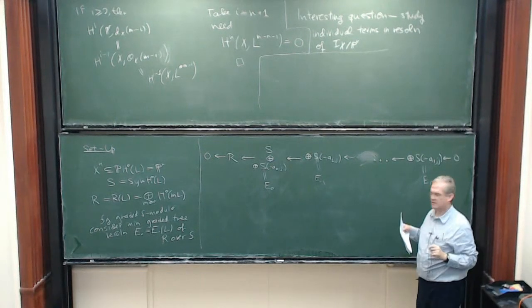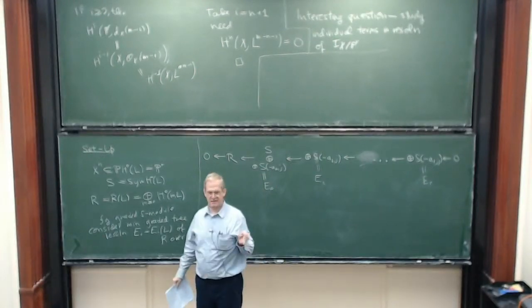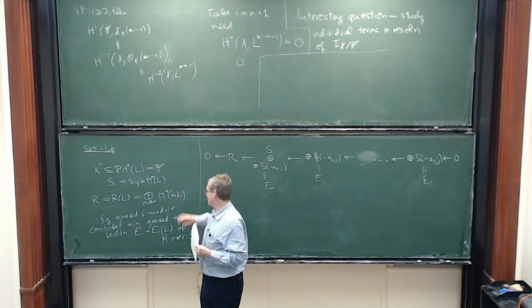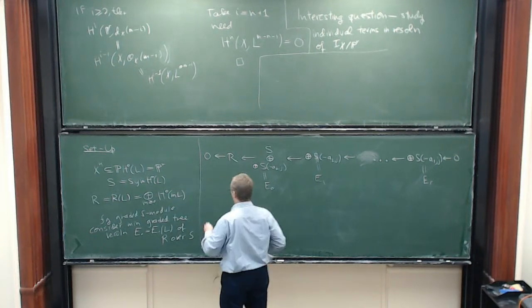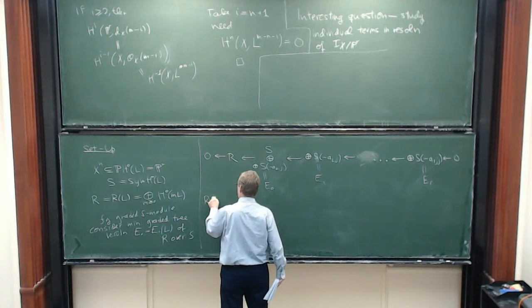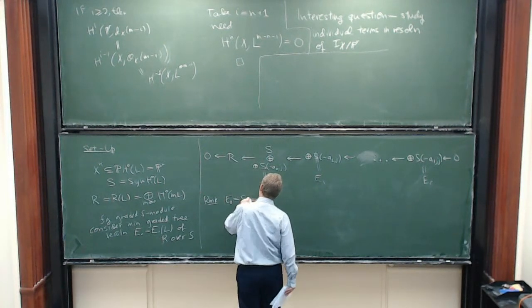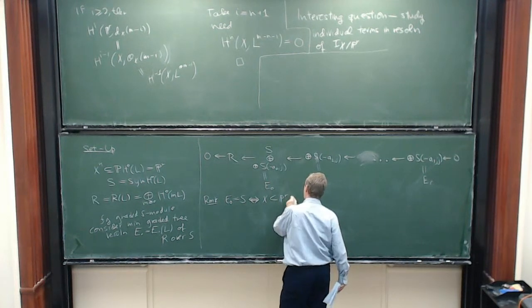Why is E0 not just S? Let me make a remark. E0 is S if and only if the embedding is projectively normal. I'm not assuming that L is terribly positive now.